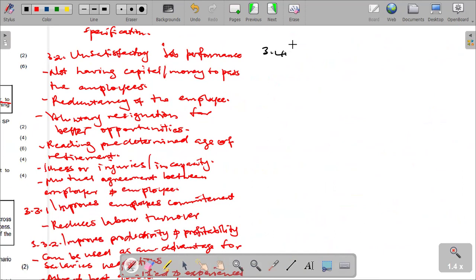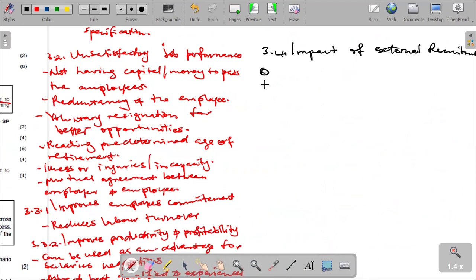We are saying impact of external recruitment. Impact of external recruitment.